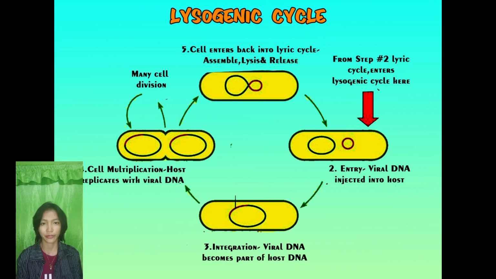This DNA remains largely silent, and the cell is able to divide many times, with each daughter cell also containing the prophage. Then some environmental signal may trigger a switch from the lysogenic mode to the lytic mode, where the prophage returns to the form of a separate DNA molecule, and all of the infected cells could lyse at once.